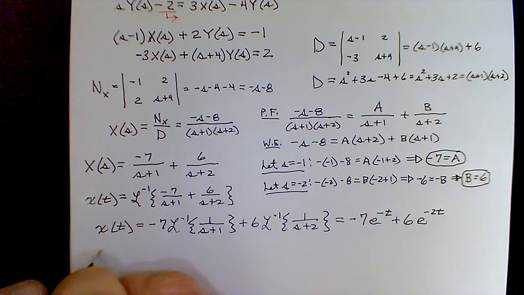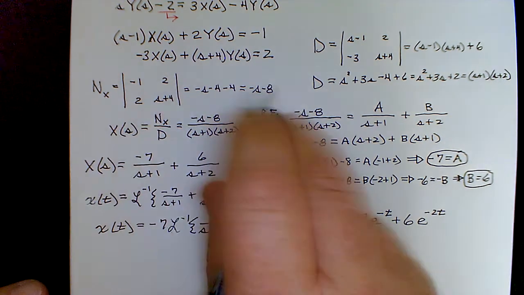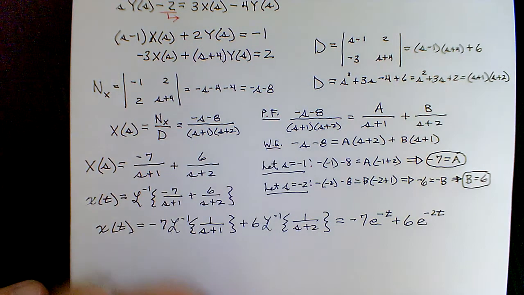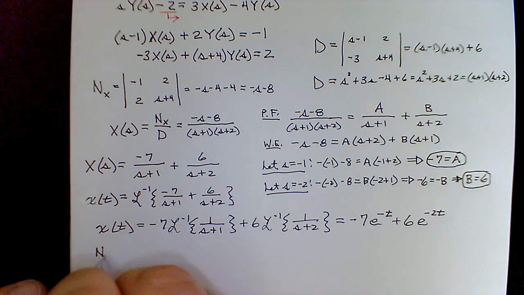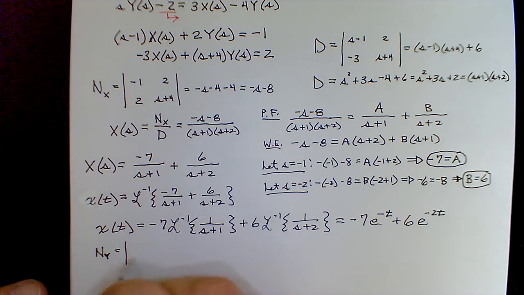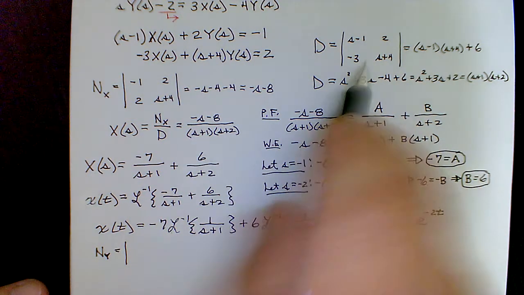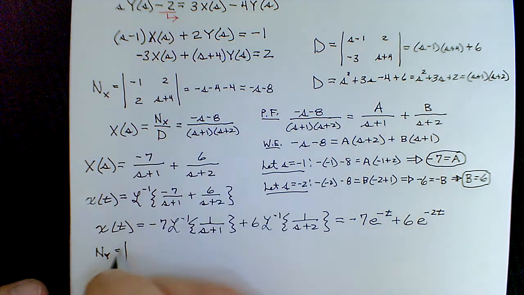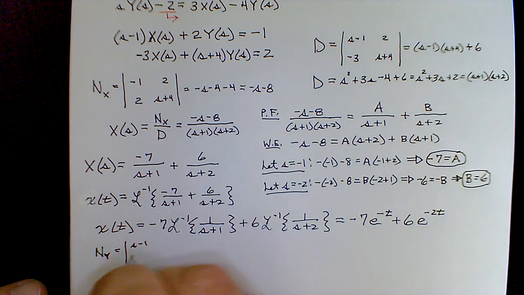We'll do it for y of t. So basically it's all this stuff here all over again. Try to squeeze it in. And so Y, that's an uppercase Y, is equal to, okay, the determinant. Leave the x's alone, so s minus 1, negative 3.